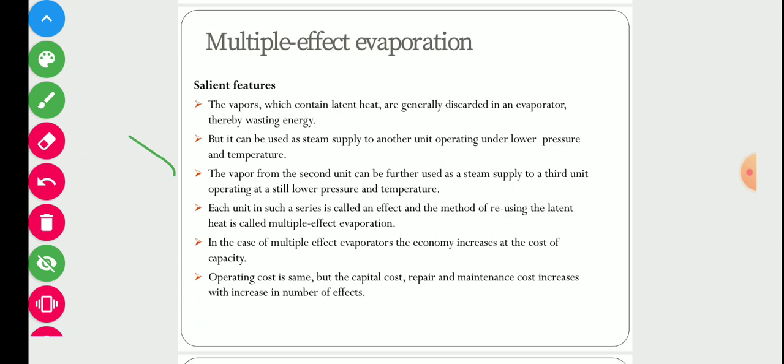The vapor from the second unit can be further used as steam supply to a third unit operating at a still lower pressure and temperature. Each unit in such a series is called an effect, and the method of reusing the latent heat is called multiple effect evaporation. In the case of a multiple effect evaporator, the economy increases at the cost of capacity, and the operating cost is the same, but the capital cost and repair and maintenance cost increase with the increase in the number of effects.